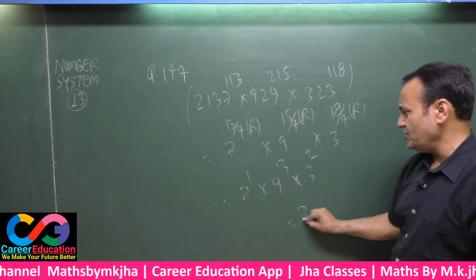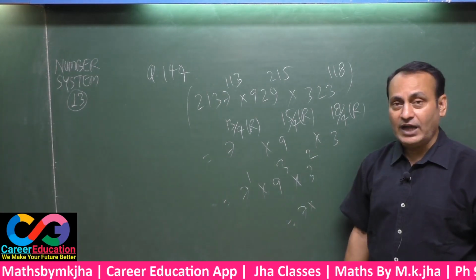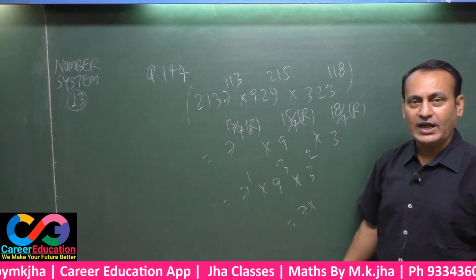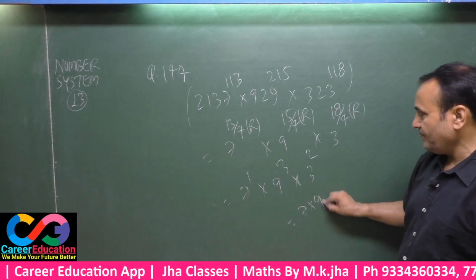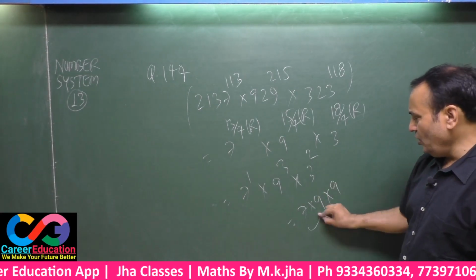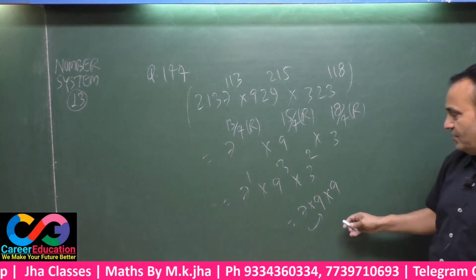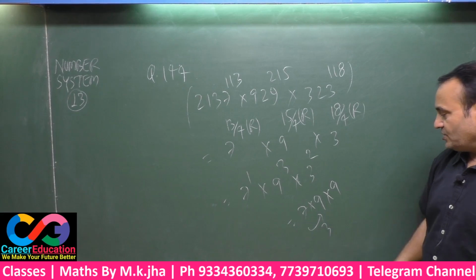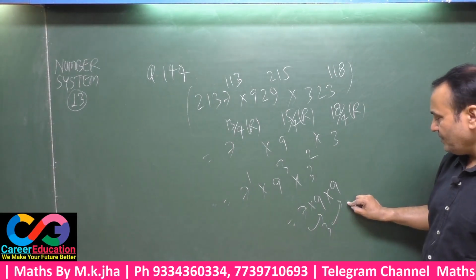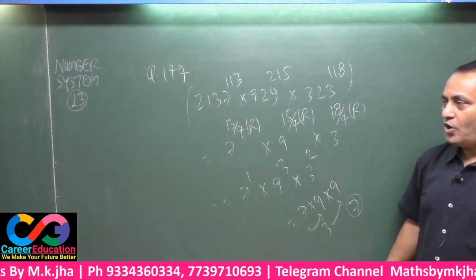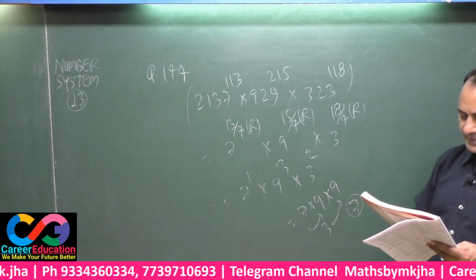Now see here, this is 7. 9 into 9, 81. 1 into 9, 9. Now the product is 9, 7 nines are 63, 3 nines are 27. That means you got the answer 7.